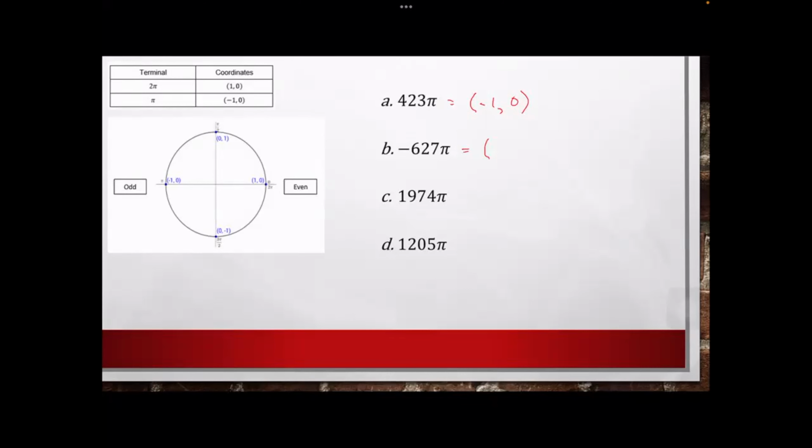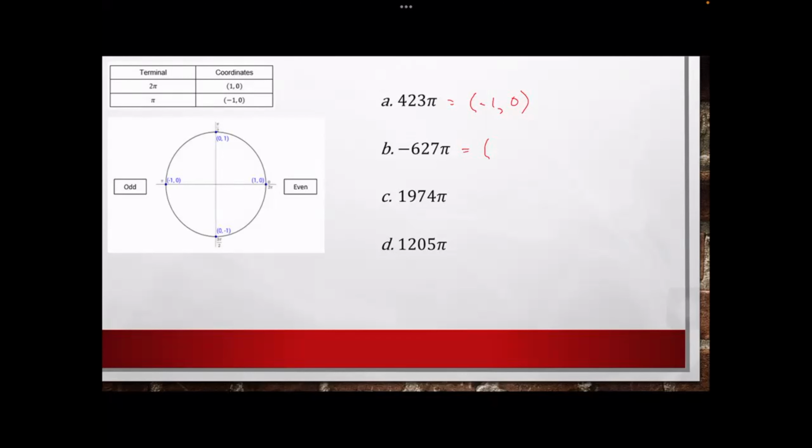Next, negative 627. What kind of number is 627? Claridad. Disregard the negative. This is even or this is odd? Odd po.